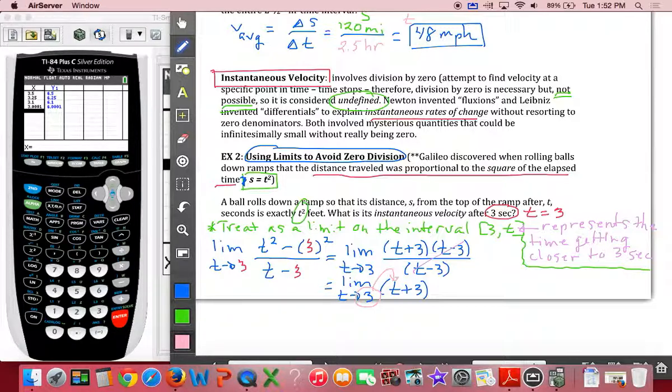So we're going to replace the limit as t approaches 3 of 3 plus 3, which coincidentally equals what? Isn't that what we found using our calculator? So you could do it with your calculator, doing it the long way, plugging things in and looking to see what it approaches, but using limits is so much quicker. Less work. Are there questions about that?